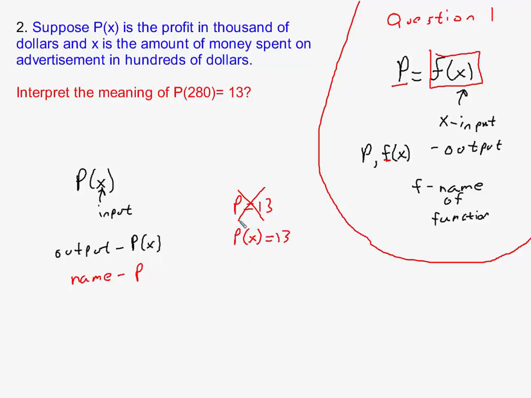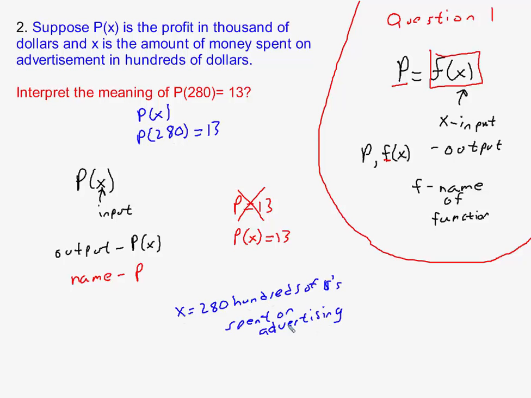So it's a subtle difference, but it's very important because teachers and textbooks can sometimes use both of these different variations on function notation in their problems. However, the explanation would be much the same. We're saying x is 280 just like before. X is 280 would have the same meaning. It would be the amount of hundreds of dollars spent on advertising.